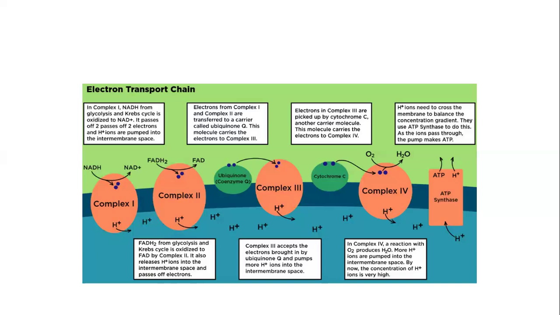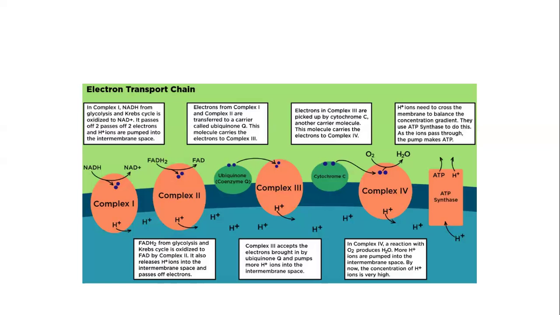So complex 2 will transfer the electrons from FADH2 to ubiquinone, or your coenzyme Q. Basically, complex 1 and complex 2 are accepting electrons from NADH and FADH2 respectively. Then you transfer your electrons to coenzyme Q.